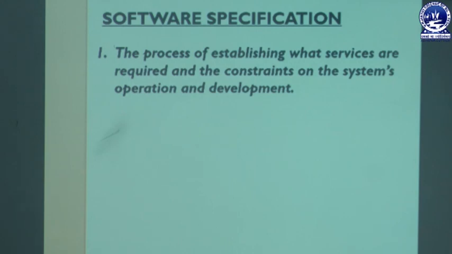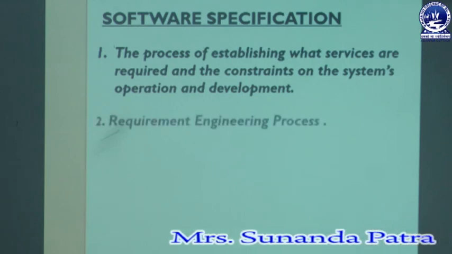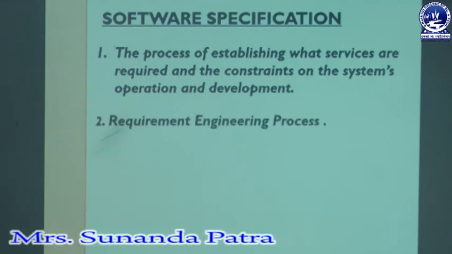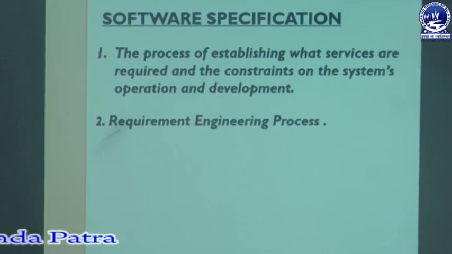So, by defining the services, that means your functions, and the constraints, we go for the second phase, that is the requirement engineering process. The requirement engineering process is a combination of 4 phases. By carrying out the 4 phases, we can get an SRS document, that means a software requirement specification document.